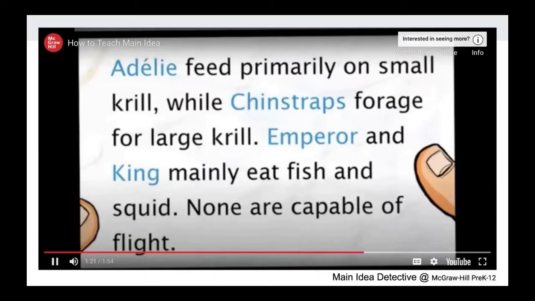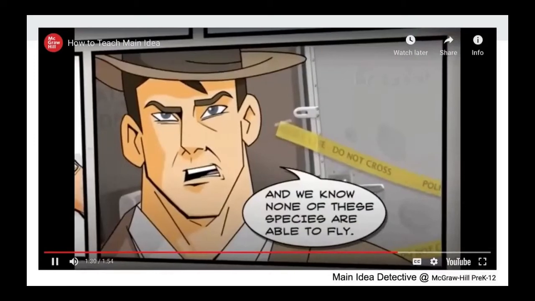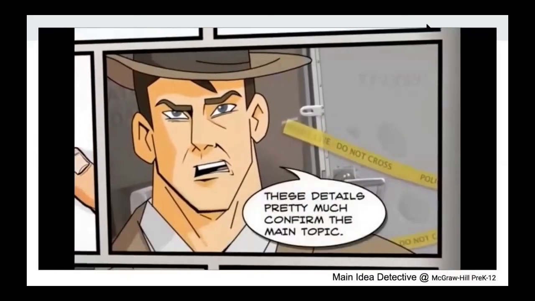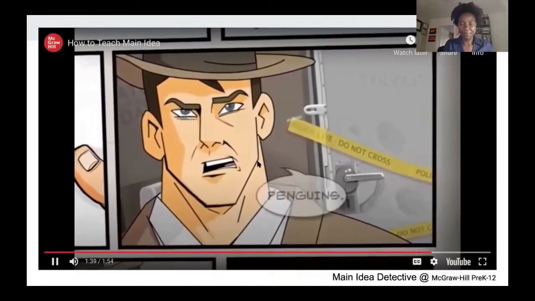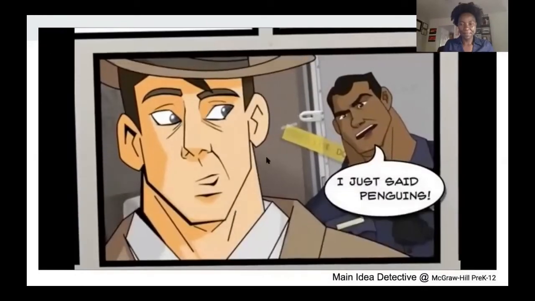None are capable of flight. Here are some species names: Adelie, chinstraps, emperor, and king. And we know none of these species are able to fly. These details pretty much confirm the main topic. What is it? What's the main topic? Penguins. I just said penguins.